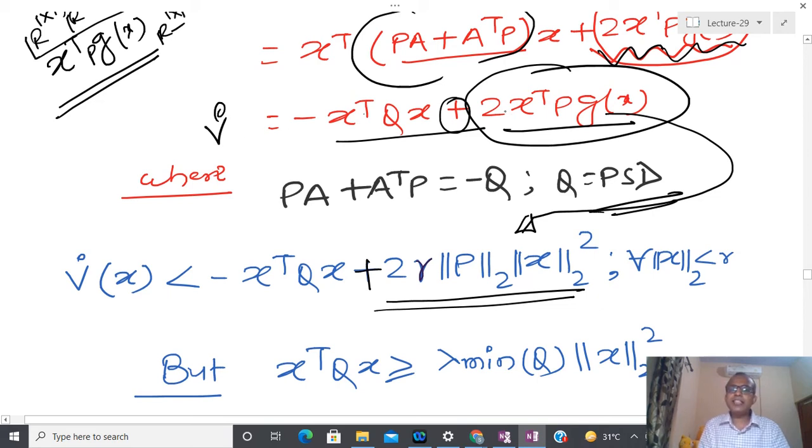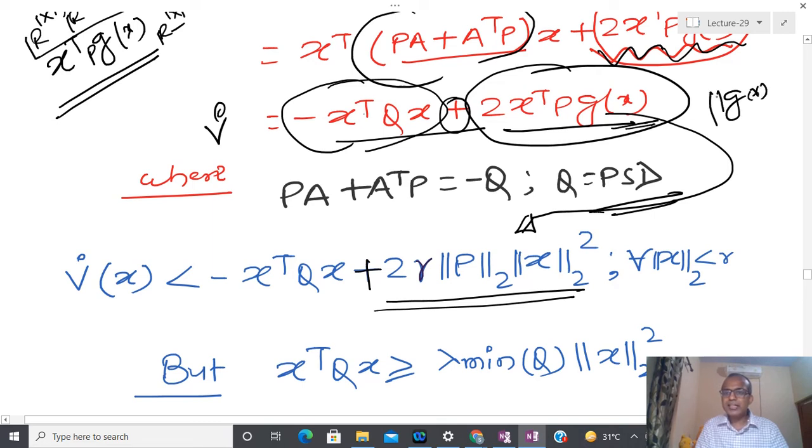Otherwise, if this is negative, that is not a problem, because the first term is always negative, because Q is a positive symmetric definite matrix. So this is the worst case condition. In place of g(x), I have substituted the value of g(x), that is gamma, and that is norm of x, and x transpose. Now I have this kind of thing.